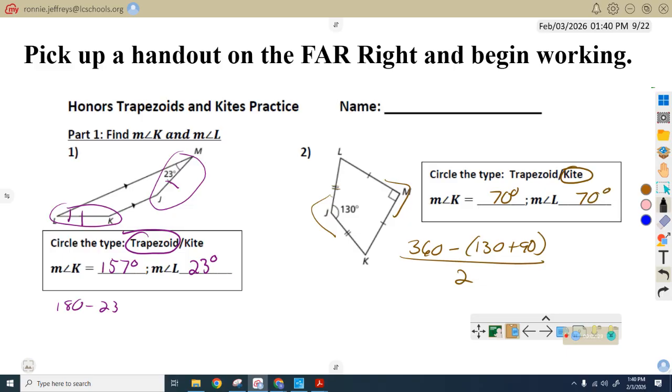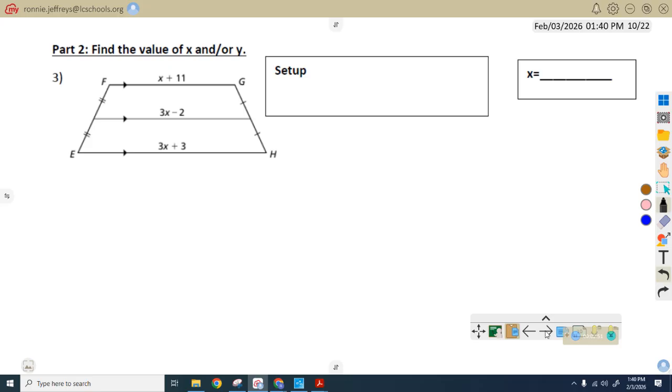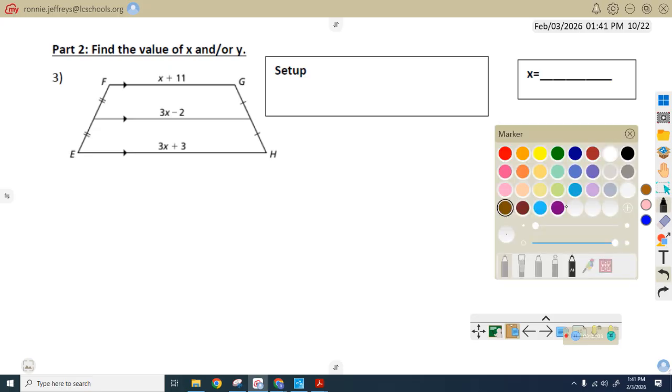All right, any questions about number 1 and number 2? Okay, good. Cooper, you good? All right. Number 3. Part 2 says find the value for x and or y, because some of these have x, some of them have x and y, hence the directions.